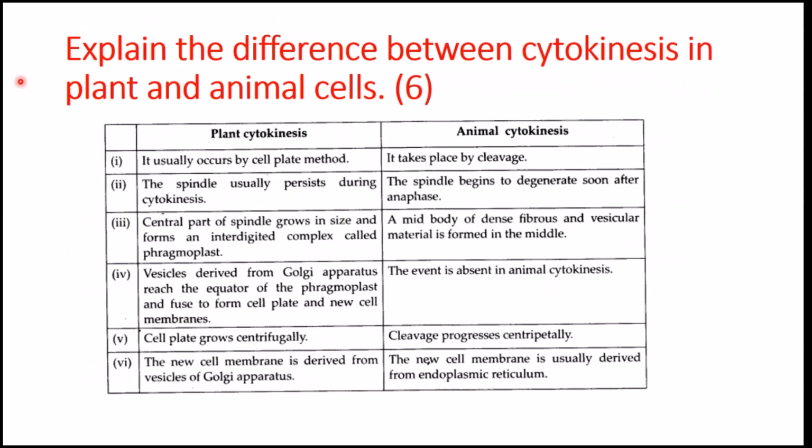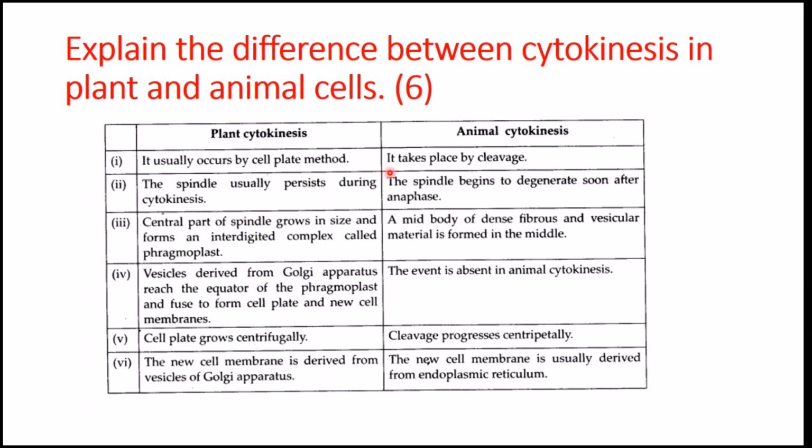There will be a question which says, explain the difference between cytokinesis in plant and animal cells. I think we did that. It's recurring. Plant cytokinesis usually occurs by the cell plate method; animal cytokinesis takes place by cleavage. Remember we talked about this in previous slides.